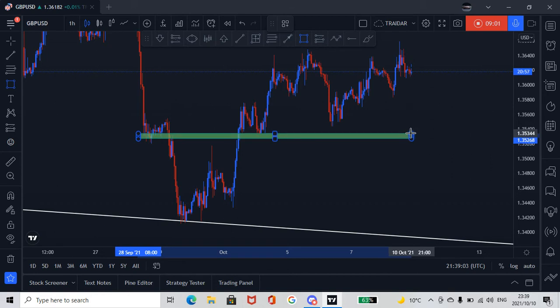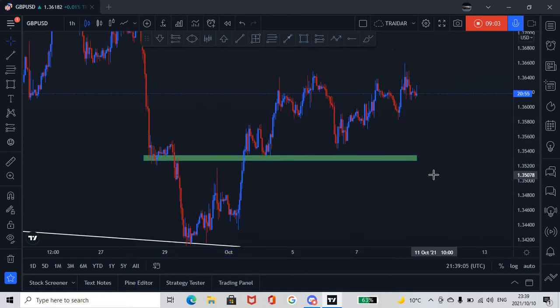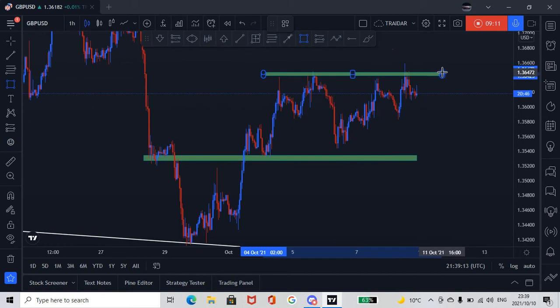Exactly right there. And then I want to tap into this next one, which is exactly like this. Boom. We see that the market has failed to break above this key area a couple of times now. Let me count: 1, 2, 3, 4, 5, 6.